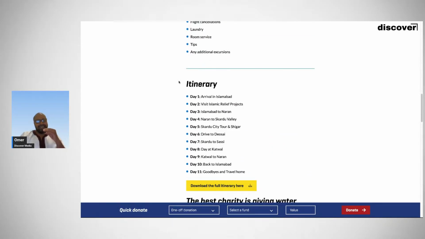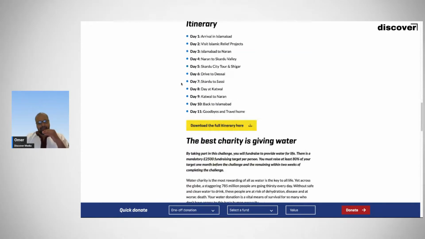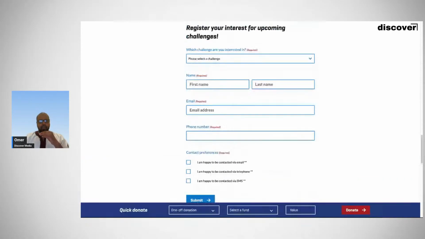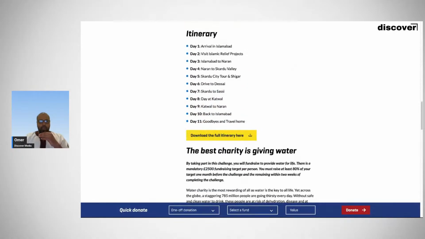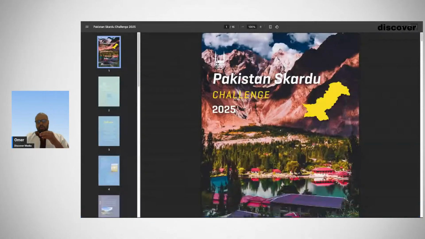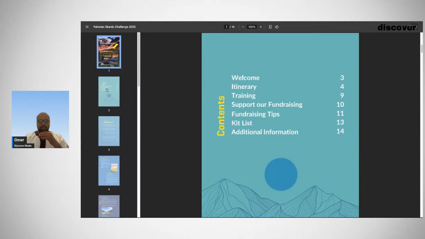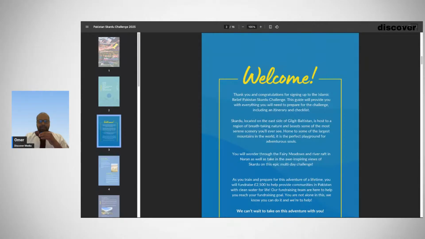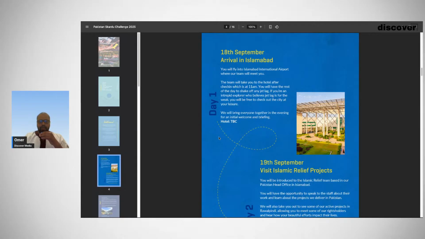I haven't looked at this in detail, but this is something that I really rate Islamic Relief for, and it's something for other organizations to learn from. I do consultancy, so I always look at other organizations. They're doing this challenge in 2025, Pakistan. It tells you what you'll do in day one.